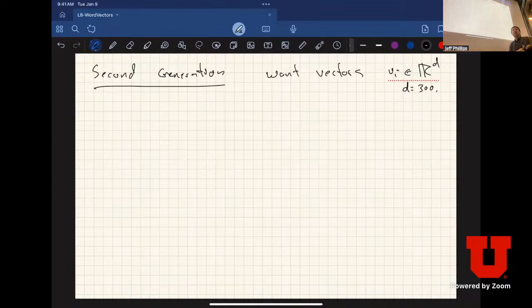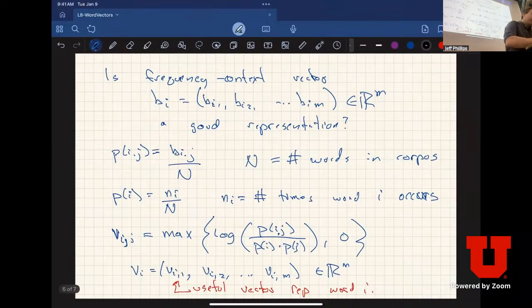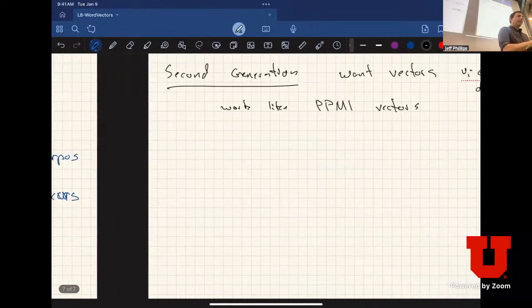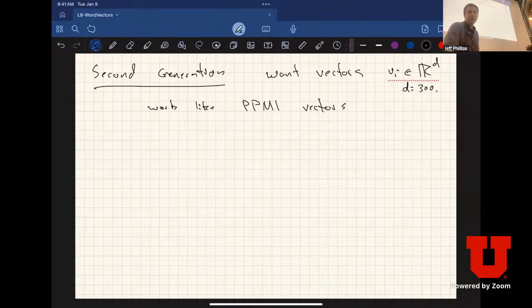You could do 100 dimensions, but you would gain a lot of functionality going up to about 300, and you probably did a little bit better in higher dimensions beyond that, but it started to become more painful to work with. So we want vectors in 300 dimensional space that work like the PPMI vectors.